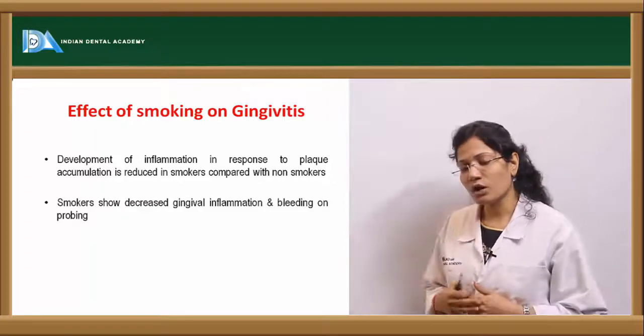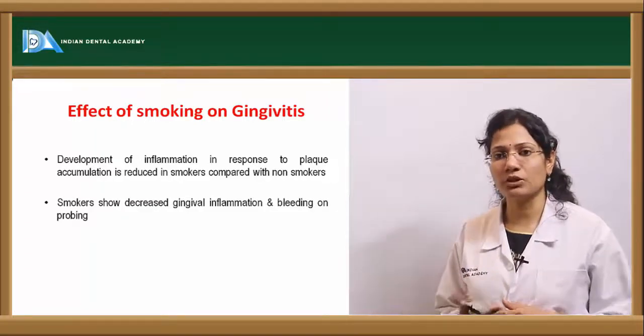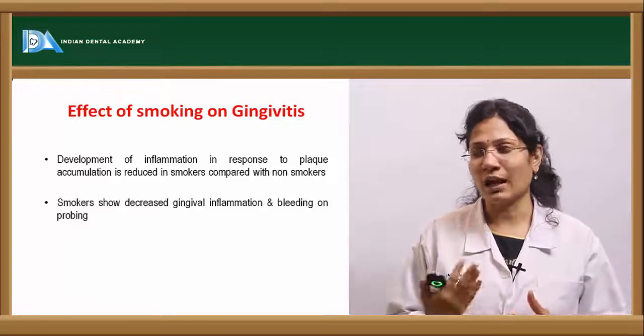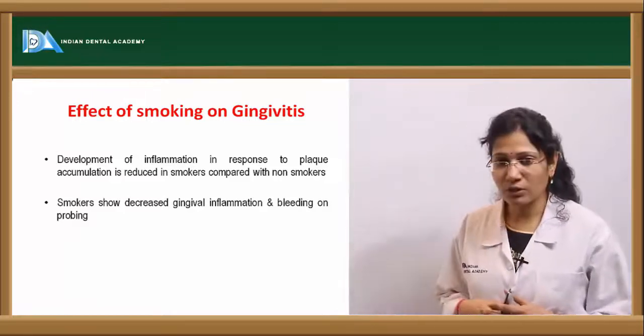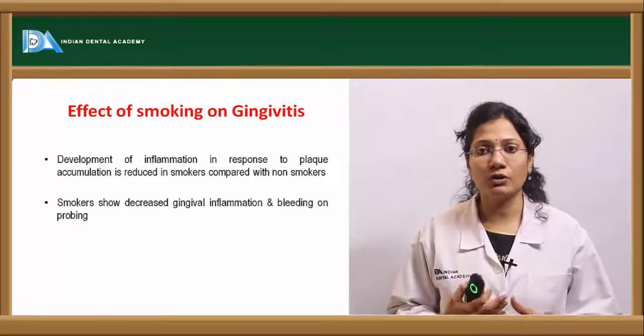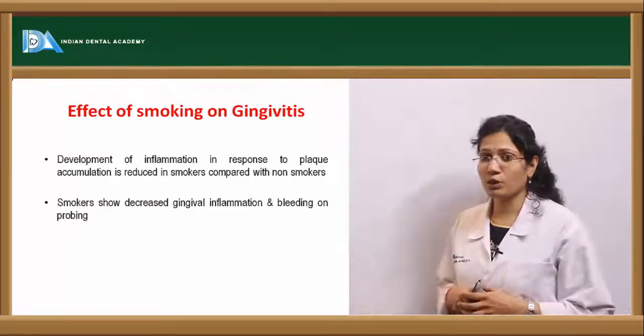If you look at the next slide, it shows the effects of smoking on gingivitis. Gingivitis simply means inflammation of the gingiva, mainly plaque-induced gingivitis. It is the development of inflammation in response to the accumulation of plaque.